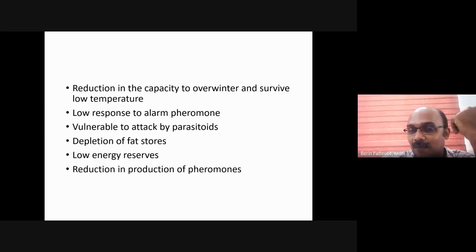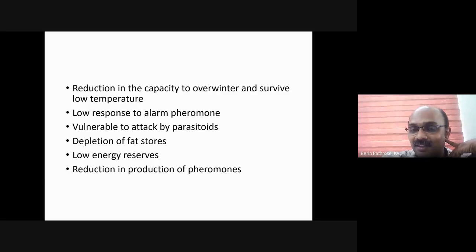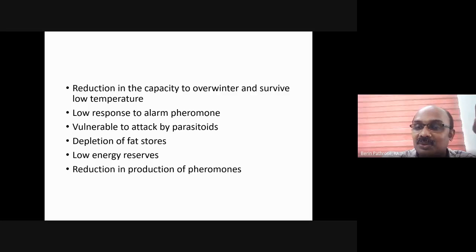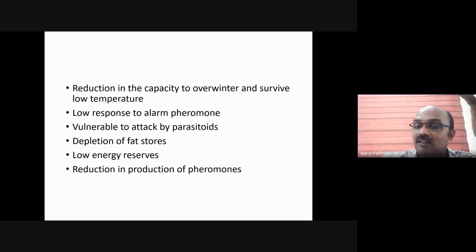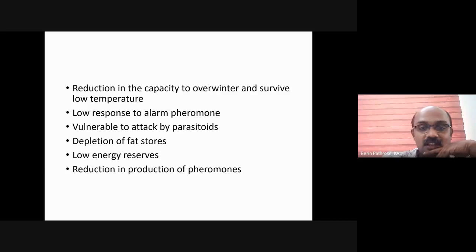If there is some danger coming and you are shouting at that person, if he is hearing impaired, he won't hear you. So that's what is happening. The resistance is reducing its responsiveness to alarm pheromone. So the aphid doesn't perceive the alarm pheromone and can't escape from the predator. Predators can easily feed on aphids.